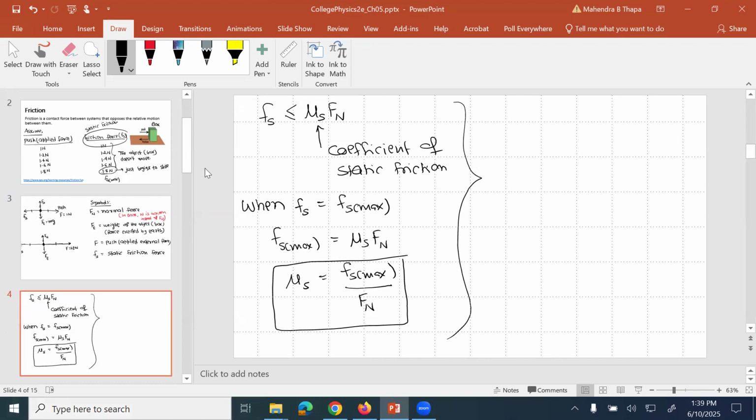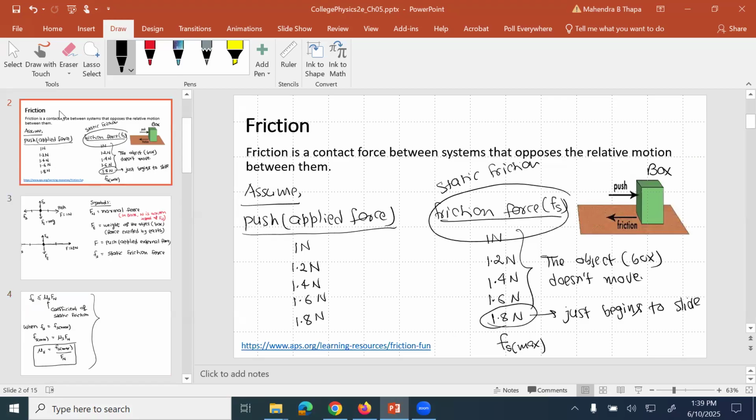Now let's consider what will happen if we increase the force beyond 1.8 Newton, meaning beyond the maximum value of static friction. So for example, if my push force is, say, 2 Newton, now the object begins to slide.